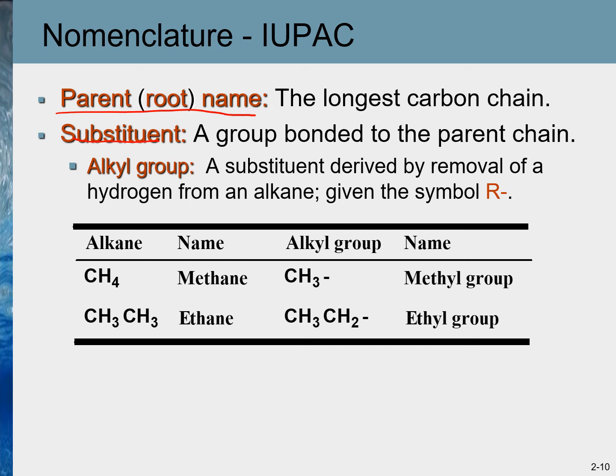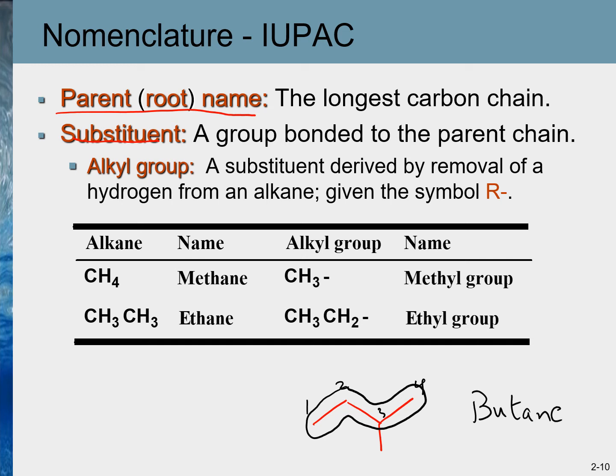For example, if we have this compound, in this case, the longest chain will be the root or parent chain, so that would be our longest chain, and we can see the longest chain is 1, 2, 3 and 4 carbon long. And in the previous slide we learned that the prefix for 4 is but, and because it's all single bonds, it's an alkane, so therefore the suffix is ane.